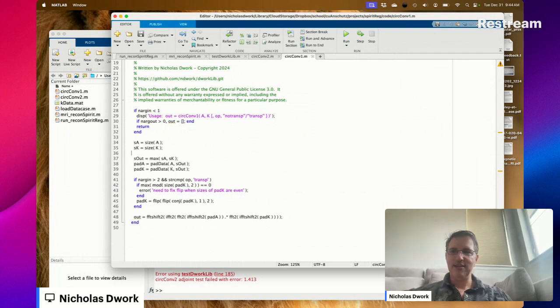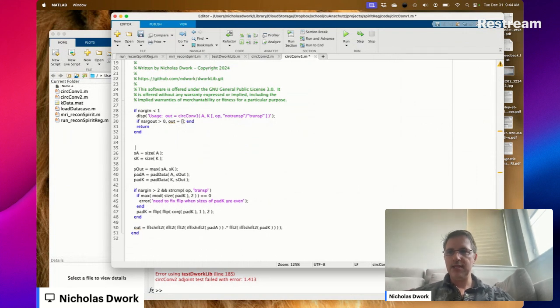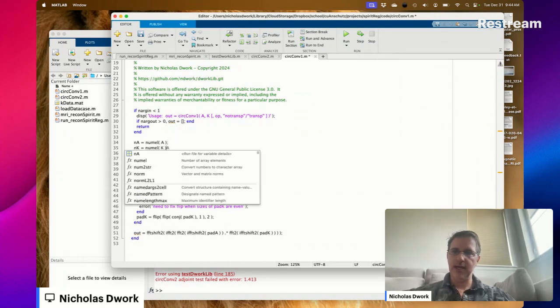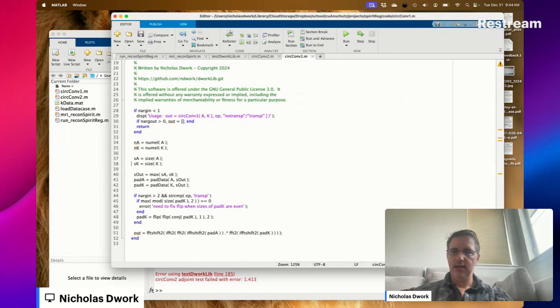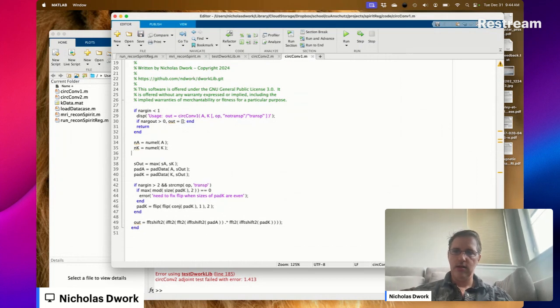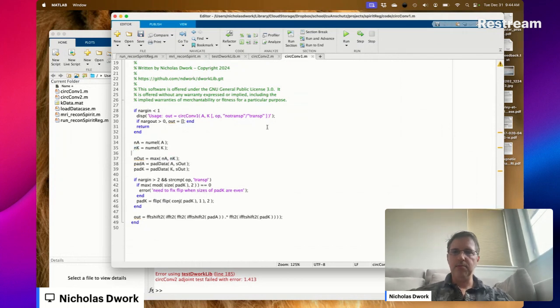That'd be amazing. Okay, so I'm thinking of these things now as one-dimensional arrays. So NA is equal to numel of A, and K is equal to numel of K. So if you pass a multi-dimensional array into this code, it's going to treat it as a one-dimensional vector.